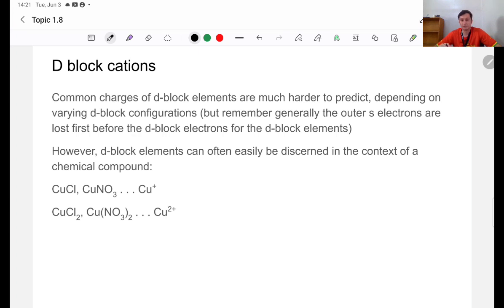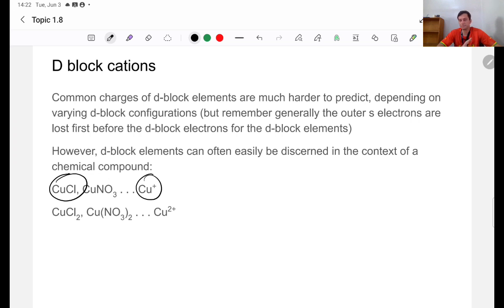But keep in mind, if we have, for example, copper within a compound, we can determine what its charge is going to be. Like here, CuCl, so we know that it must be Cu+. And generally within the context of a reaction, like a double displacement reaction, Cu+ will stay as Cu+. It won't change to Cu2+.